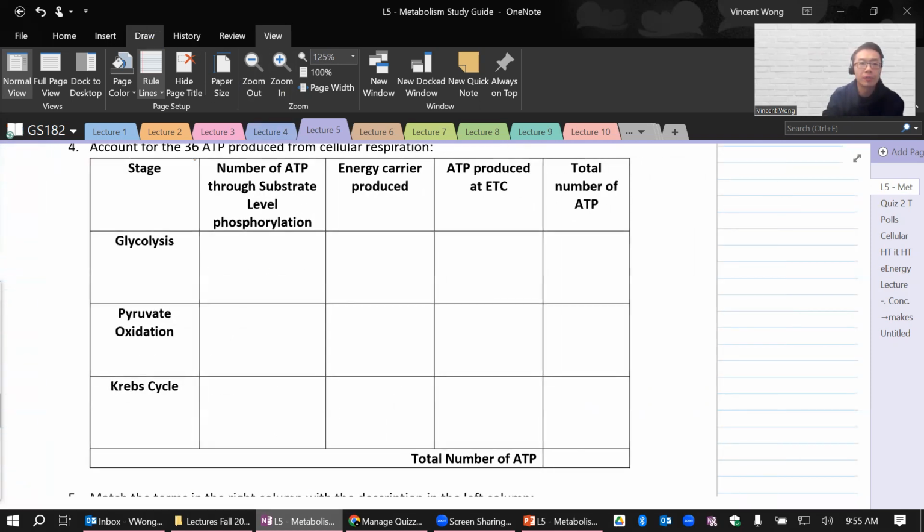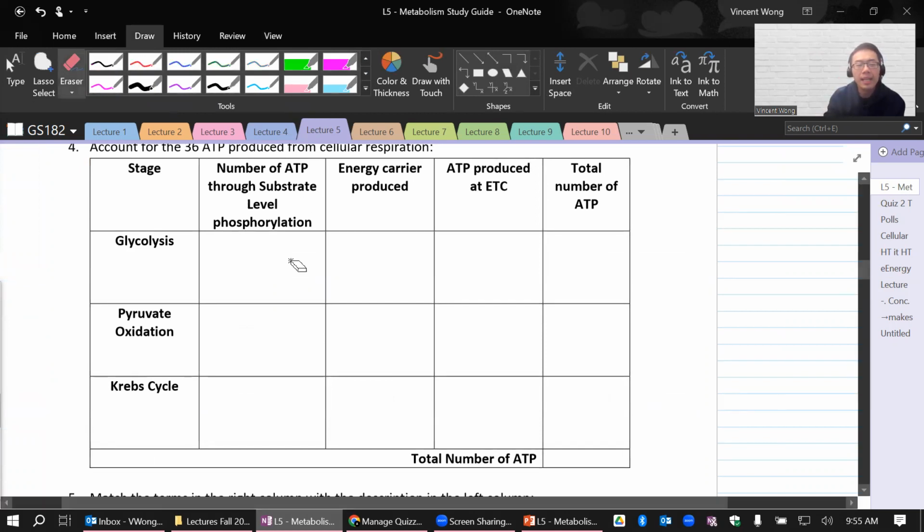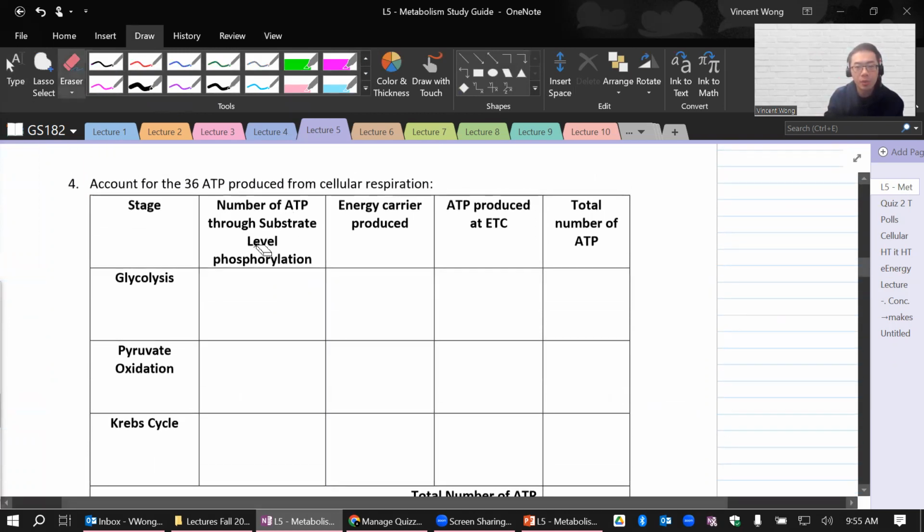Starting with the first one here, glycolysis. How many ATPs are produced through substrate level phosphorylation? Well, hopefully you know by now it's 2 ATP, right? The energy carrier produced is NADH, and we have 2 of them.